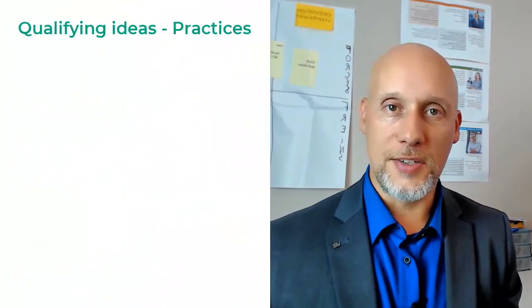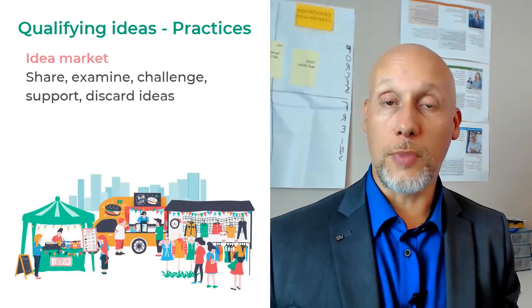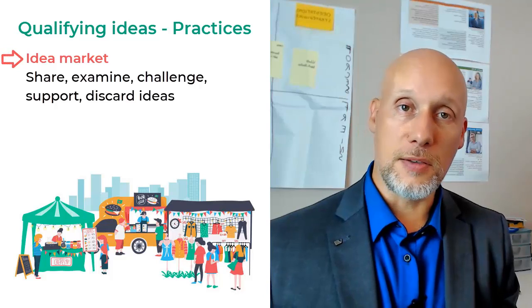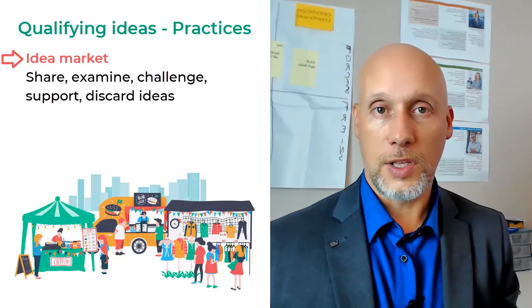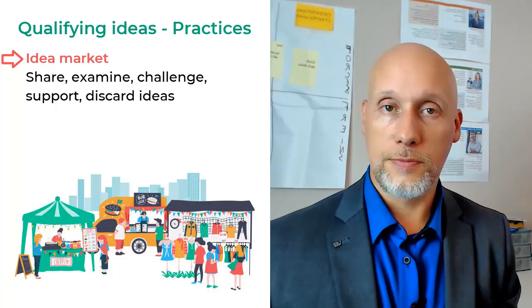In order to make qualifying ideas a reality, the role of the agile leader is to propose and implement practices that create a healthy idea market. Just like in a real market, ideas can be seen, examined, discarded, challenged, manipulated, supported, bought.